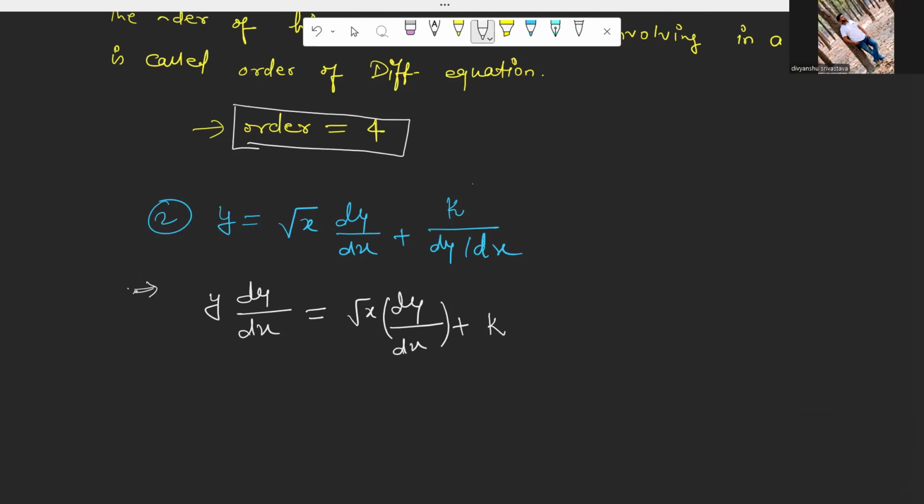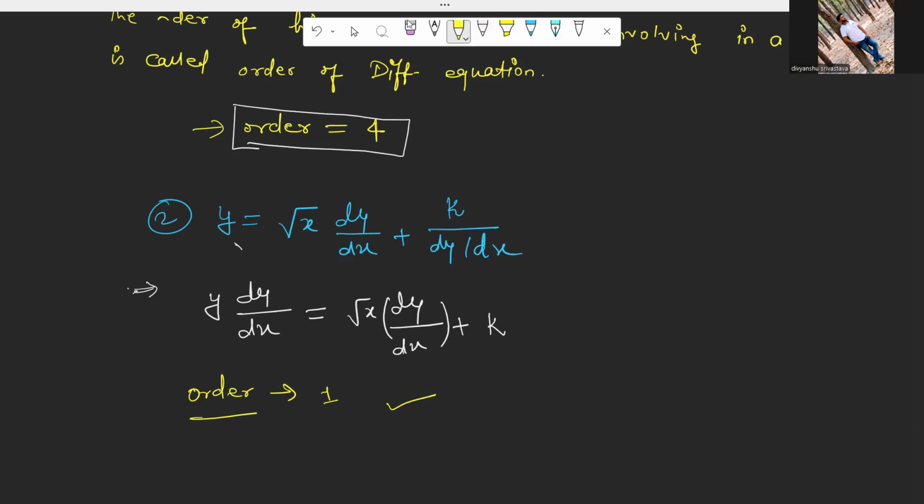Only the k part remains here, and dy by dx is multiplied on this side. Now you can easily find the order of this question. So what is the order? The highest derivative is only first order now. So your order is 1.